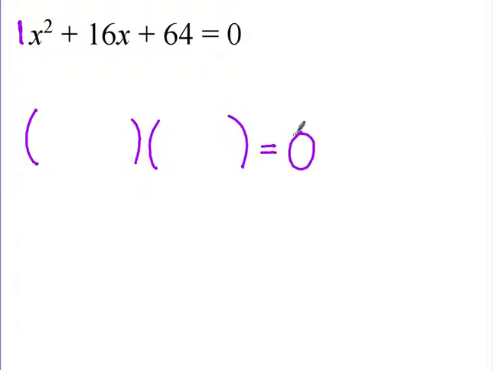And the first term in each of those quantities, in this case, will be an x. The reason why it is an x is because x times x gives me x squared, which is my first term. Okay? So the first numbers, when you multiply them, have to be whatever your first term is.